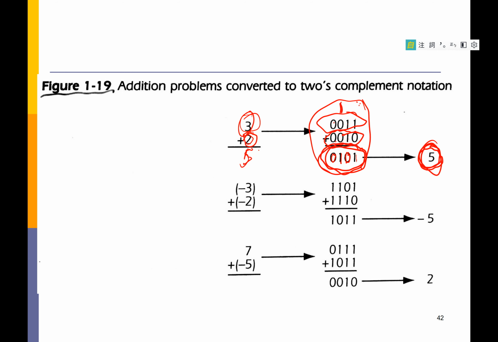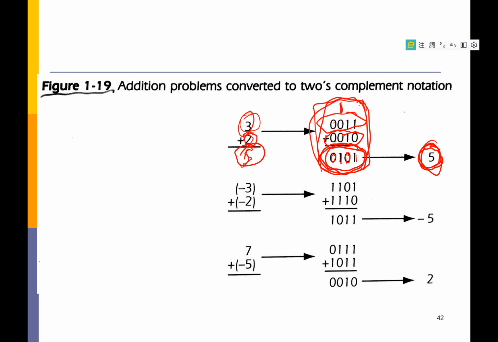So this 5 and this 5 are consistent. So in two's complement notation, we can do correct decimal computation in this example. In fact, not only this example, all the examples, I should not say all, because we will see a pretty terrible problem later.